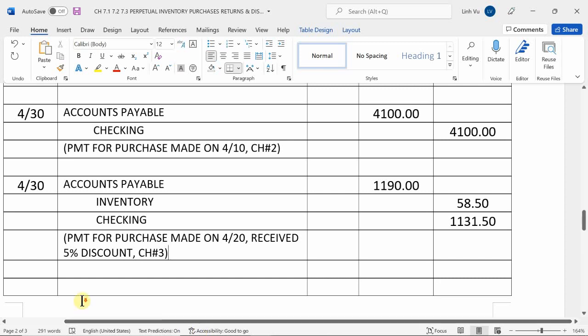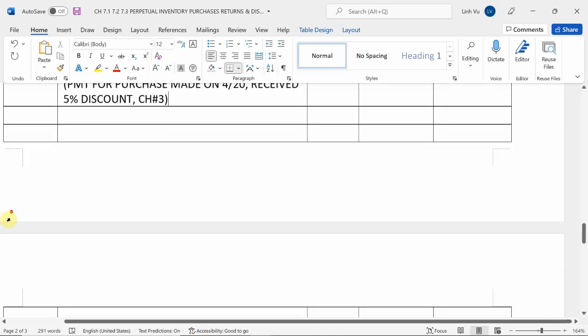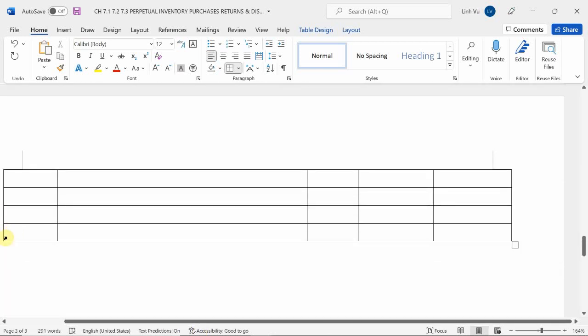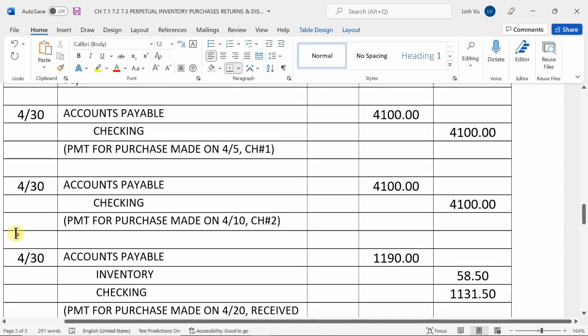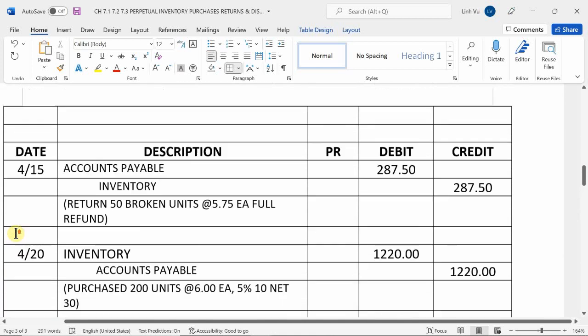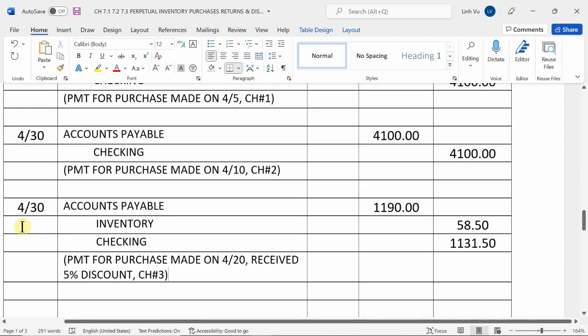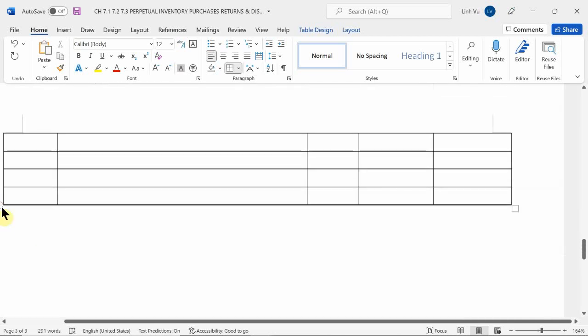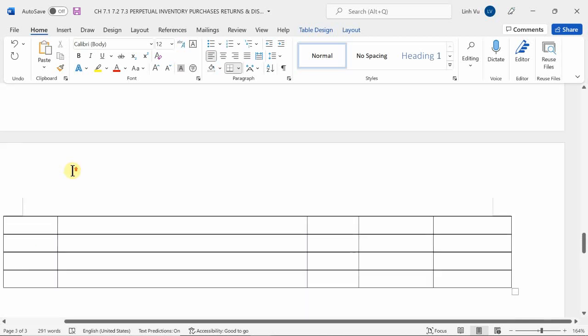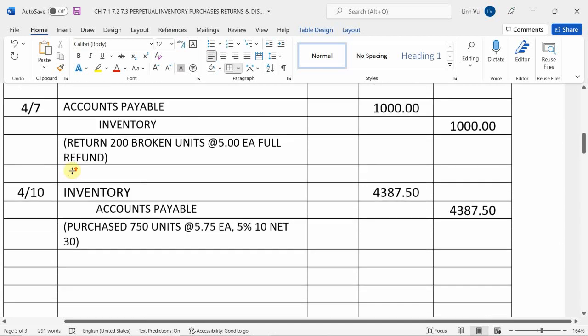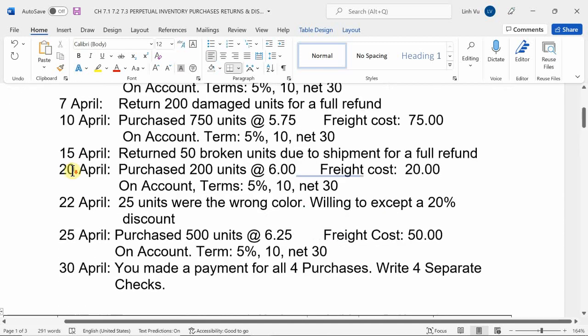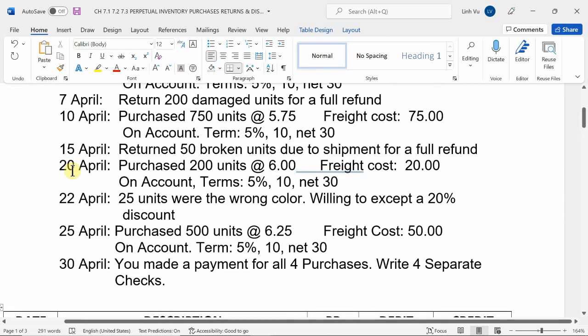Good. So again, let's go ahead and do the last one here. Let me add some more. So in this case, let's recognize that last one. The last thing I had here was my last purchase on April 25th.